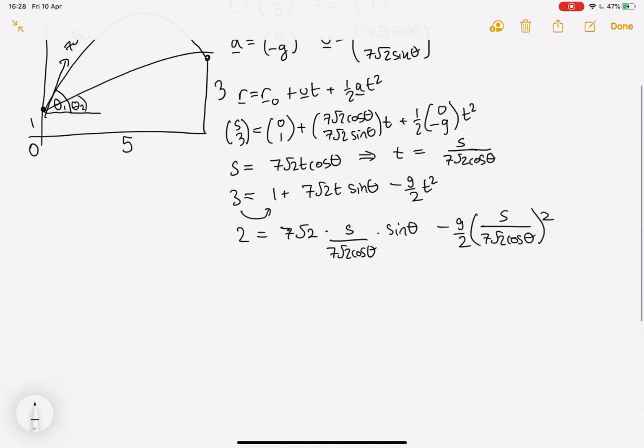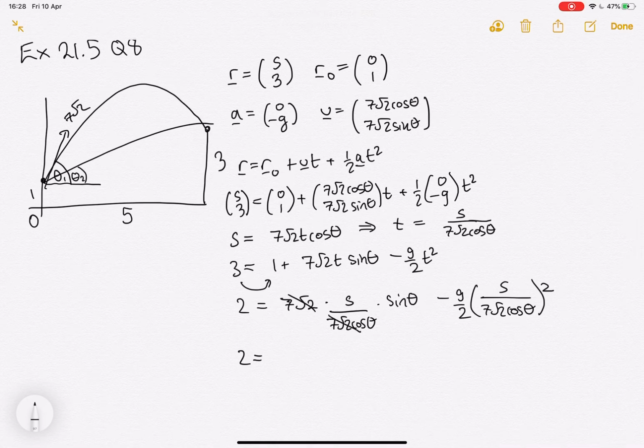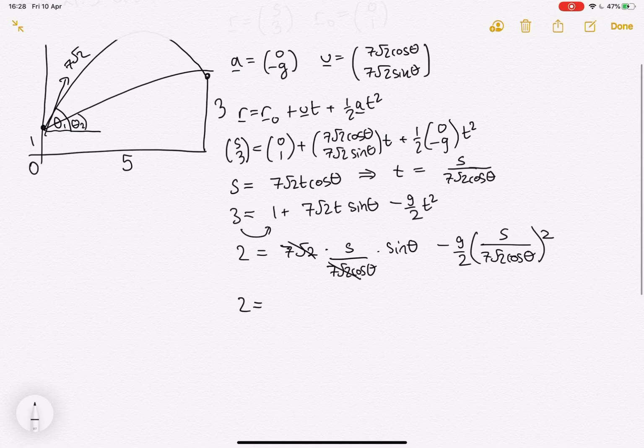Well, doing a little bit of simplifying on this, we get 2 equals, well, the 7 root 2's both just cancel. And we get sine theta over cos theta, so we get 5 tan theta minus g over 2, lots of 5 squared is 25, and then 7 root 2 squared is 49 times 2, which is 98, and then 1 over cos squared theta.